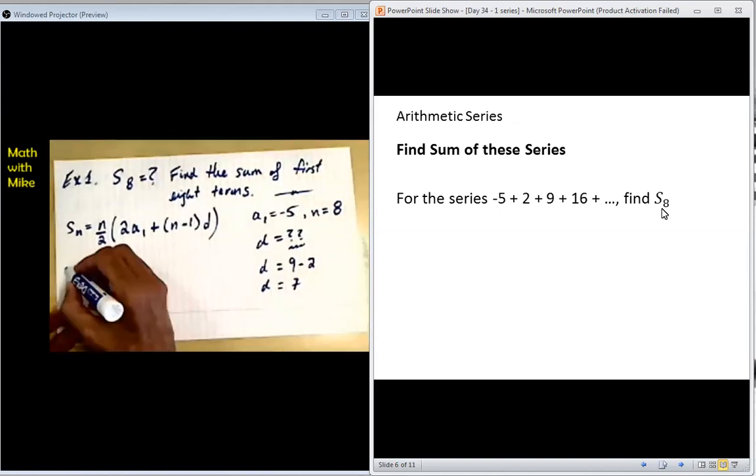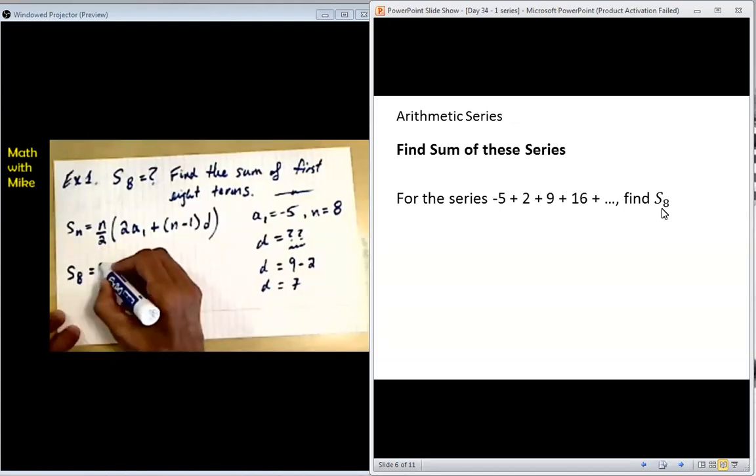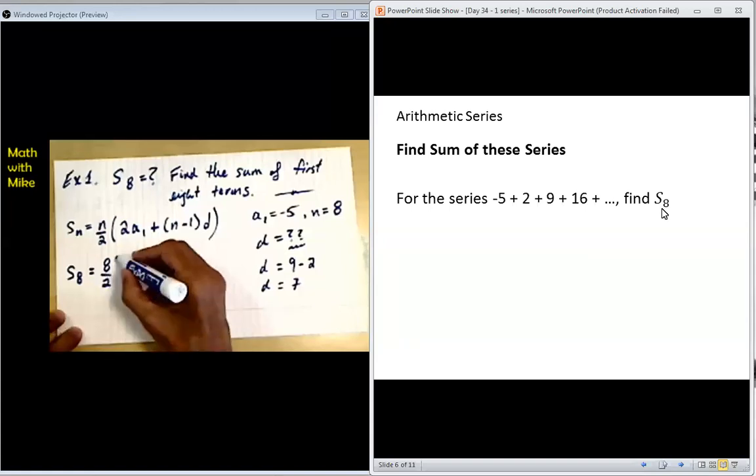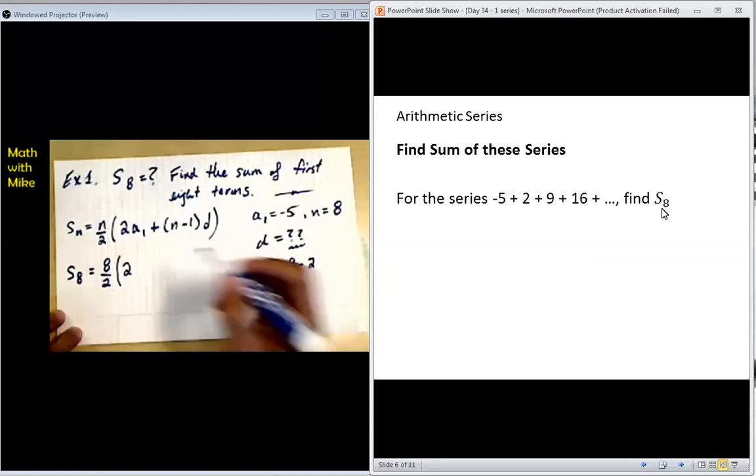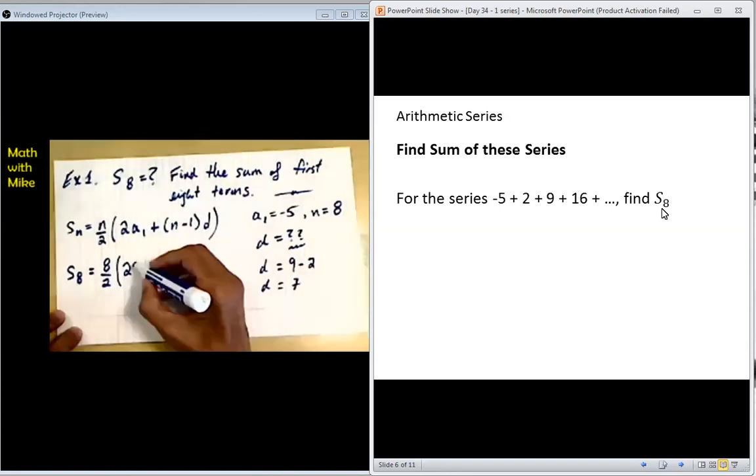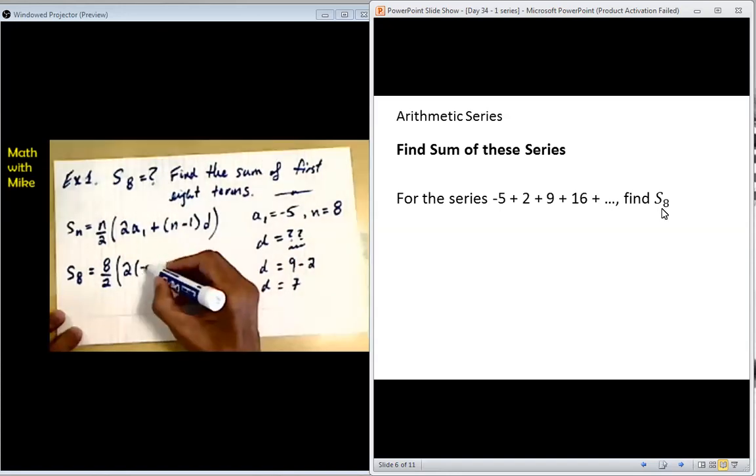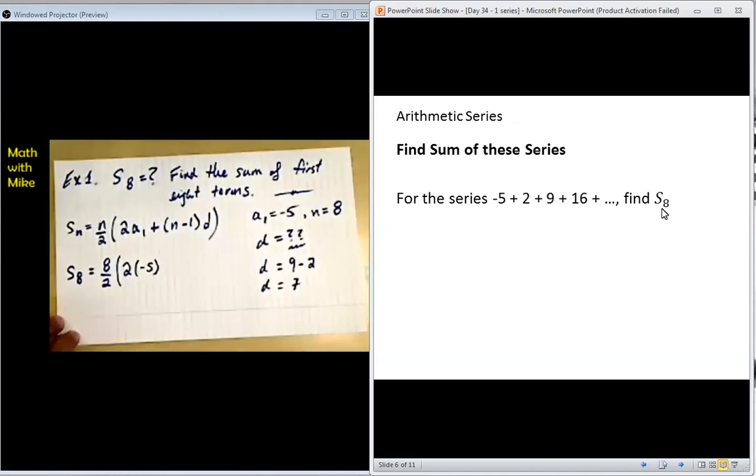S8 is going to equal 8 over 2, 2 times A1, which is -5. So you got to use brackets now to make sure you capture minuses when you need to.